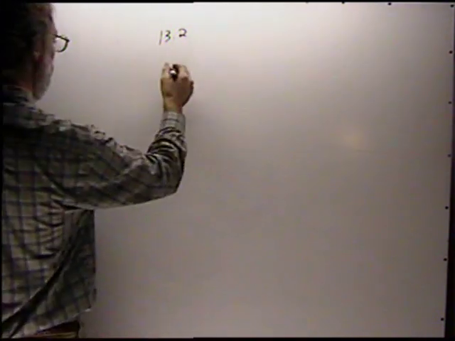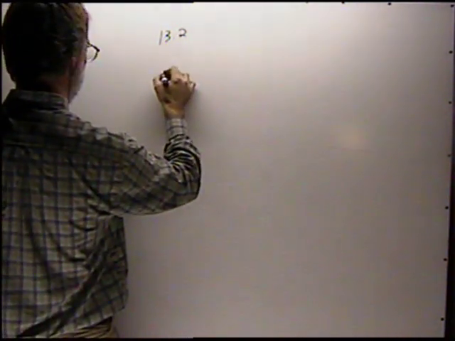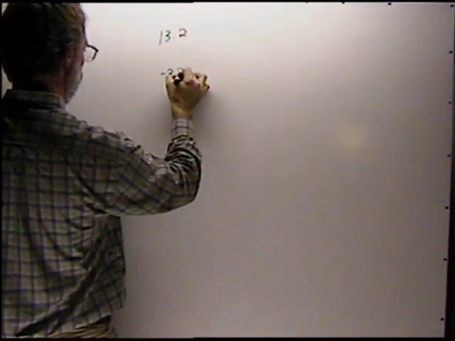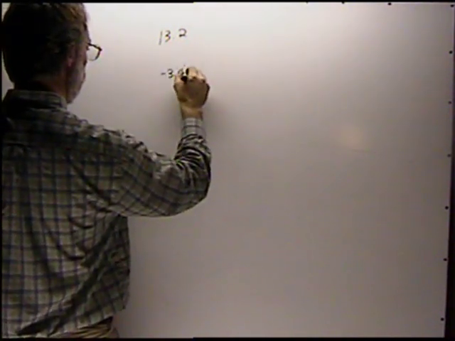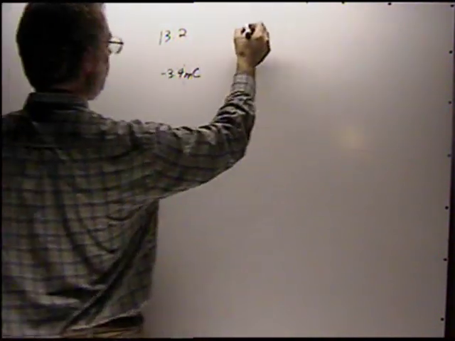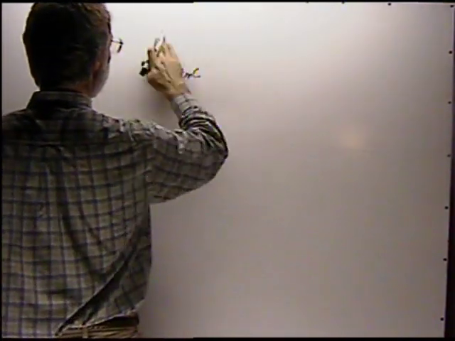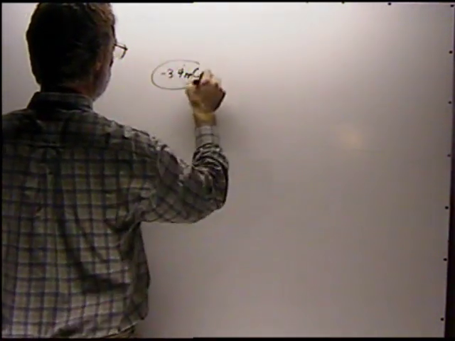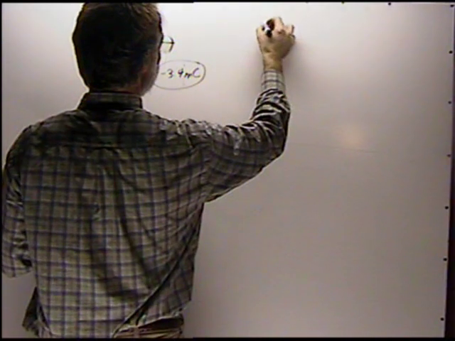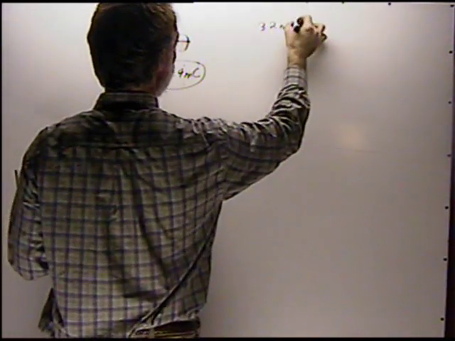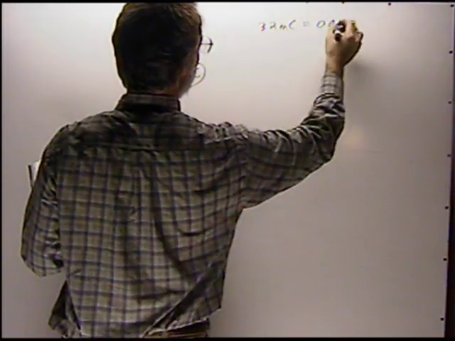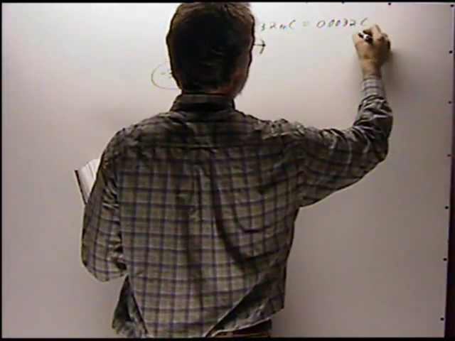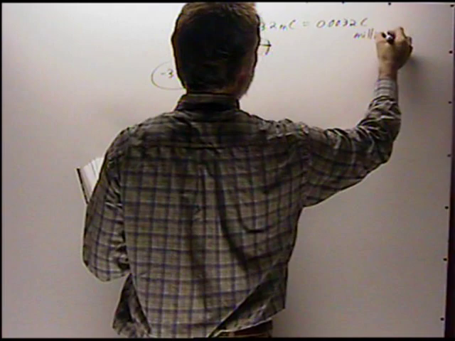Okay, we have in the center, or about the center, minus 3.4 millicoulombs. A millicoulomb, for instance, 3.2 millicoulombs is 0.0032 coulombs, because a milli, remember, is 10 to the minus 3.